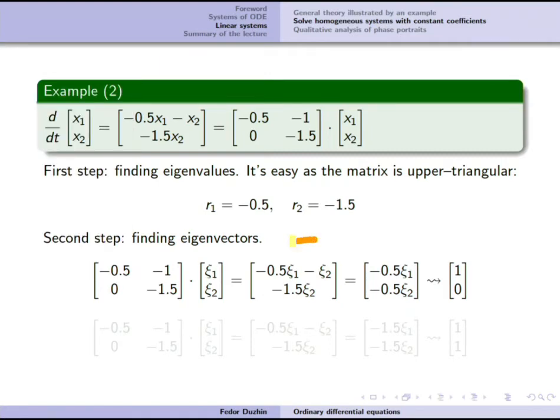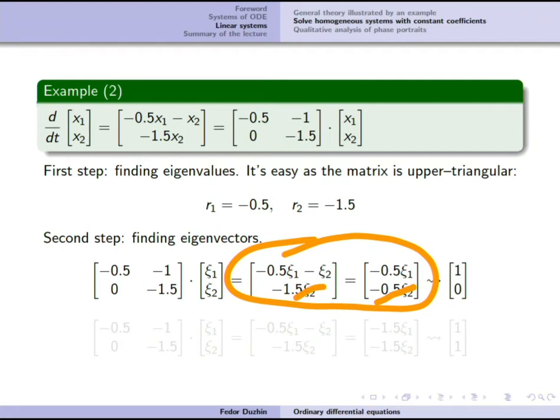Right? So that's a system of equations with two unknowns, and according to the nature of eigenvectors and eigenvalues, this is going to be a redundant system. The second equation is proportional to the first one. Or, well, in this case, the second equation is going to tell us that xi2 is 0.